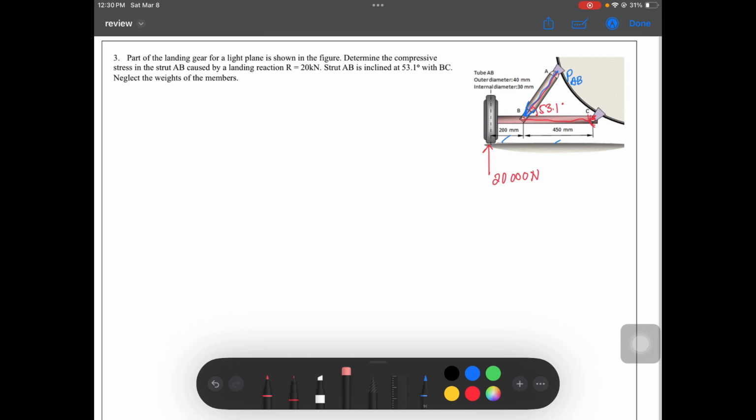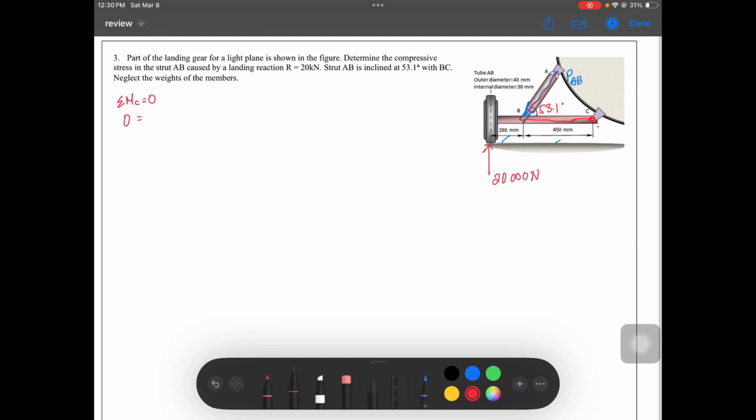Kasi pag summation of moment at point C, pwede natin ma-zero ang moment dito. Hindi involve ang mga forces. So, mag-summation of moment tayo sa C equal to 0. As you can see, pin-connected siya. Yung symbol niya, no? Pin-connected.